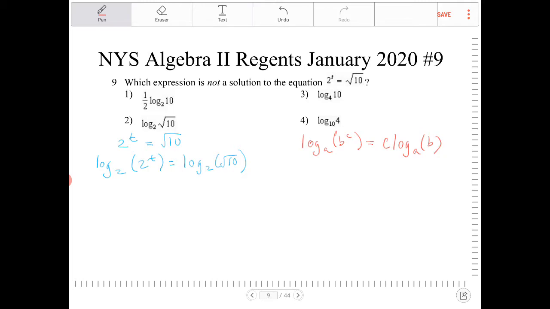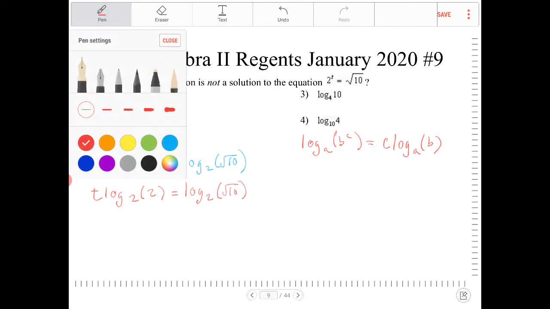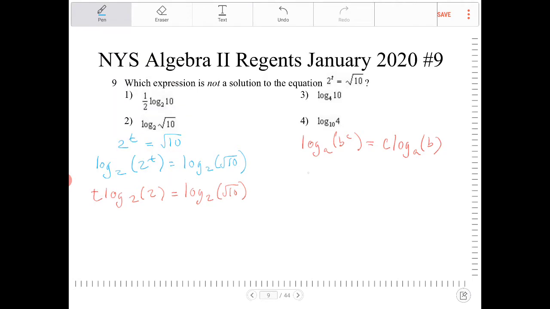So I apply the power rule, and it becomes t log base 2 of 2 is equal to log base 2 of radical 10. And looking at this, I have log base 2 of 2. So something else you should be aware of is the identity: log base a of a is equivalent to 1.